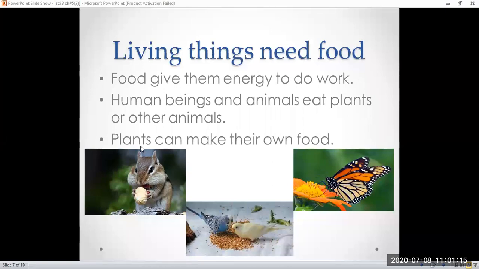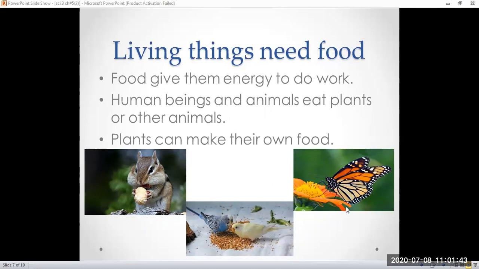In this picture this animal is eating food, these birds are eating food, and this butterfly is sucking nectar from the flower. We have read that butterflies and mosquitoes have a proboscis. A proboscis is a tube with which a mosquito sucks blood and a butterfly sucks nectar. These are the different feeding methods of living things.